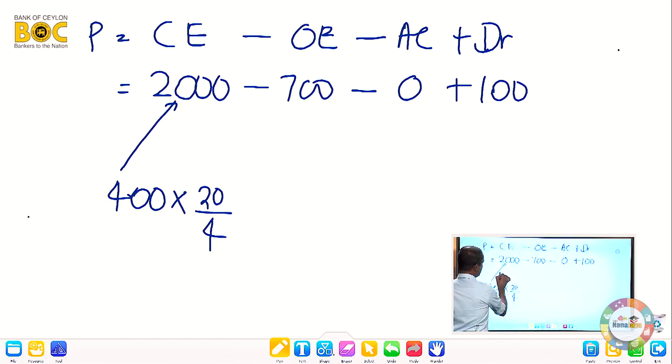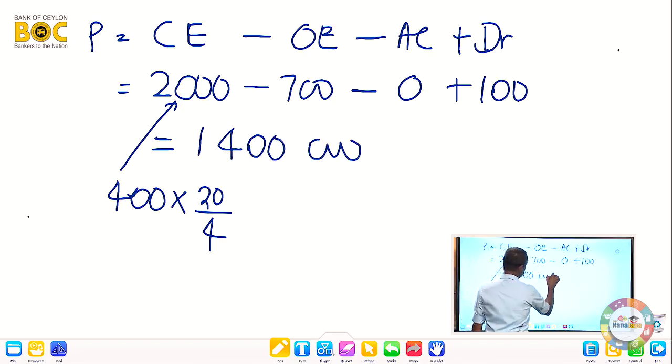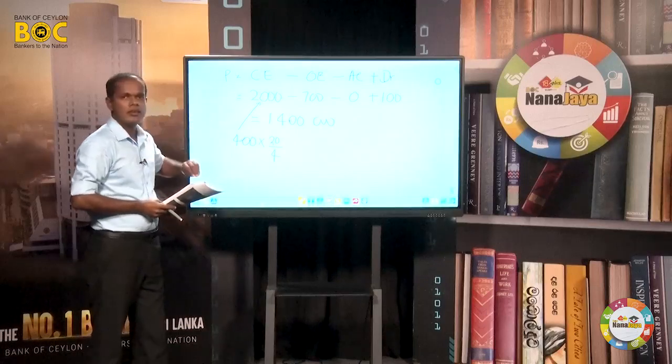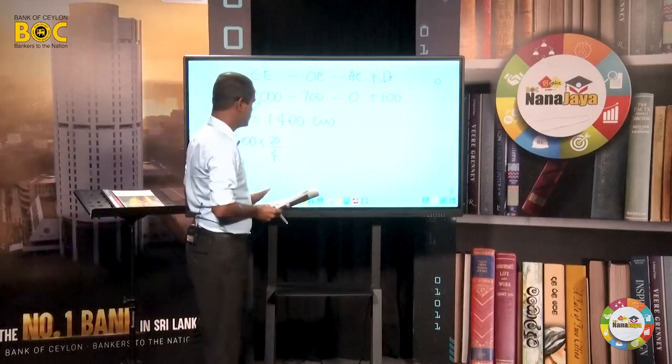Then you can calculate the profit: 2,000 minus 700 is 1,300, plus 100 gives 1,400,000 rupees. Closing equity minus opening equity minus additional capital plus drawings.